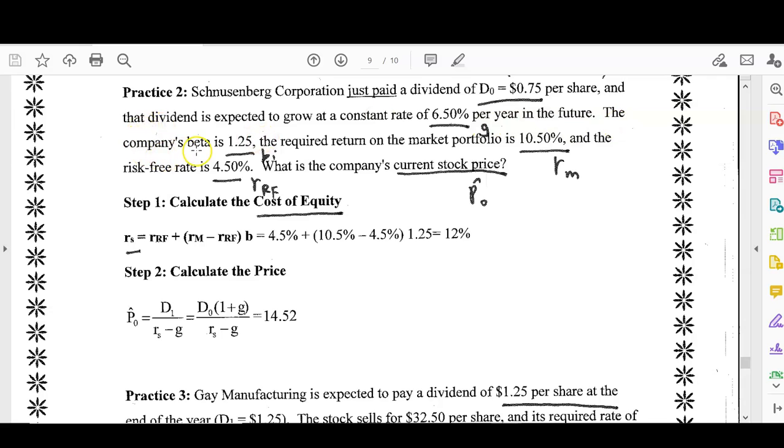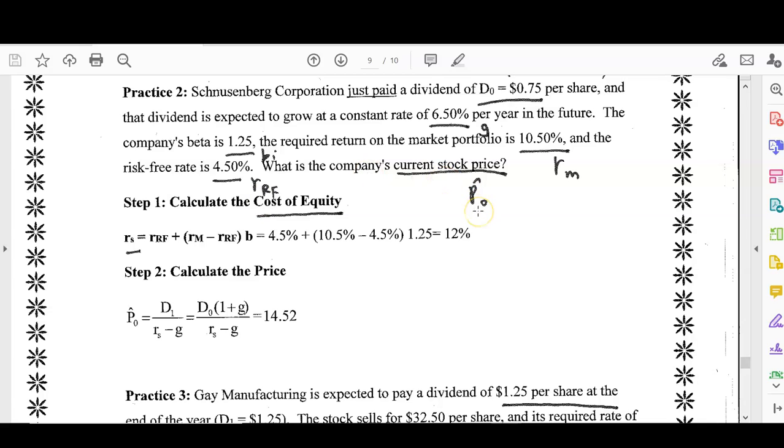The company's beta is 1.25. Required return on the market portfolio, RM, the market return, is 10.5%. Risk-free rate, RRF, is 4.5%. What is the stock price?